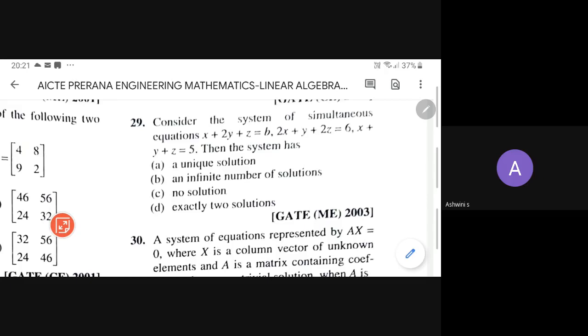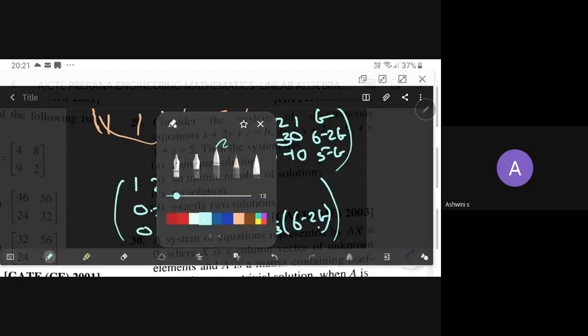It cannot be a unique solution. Exactly two solutions is wrong. The only choice now is between B and C. So no solution you cannot say, because it all depends on the value of this.